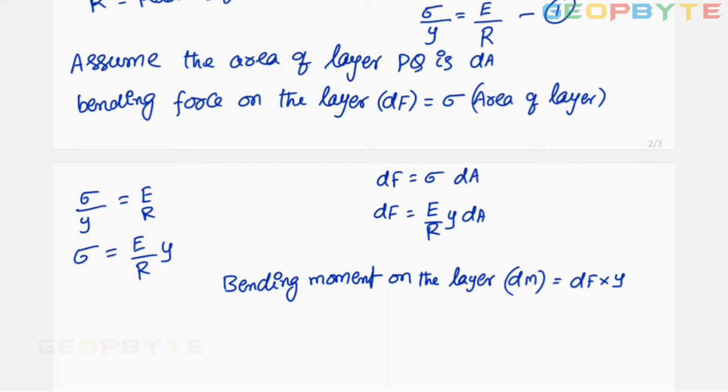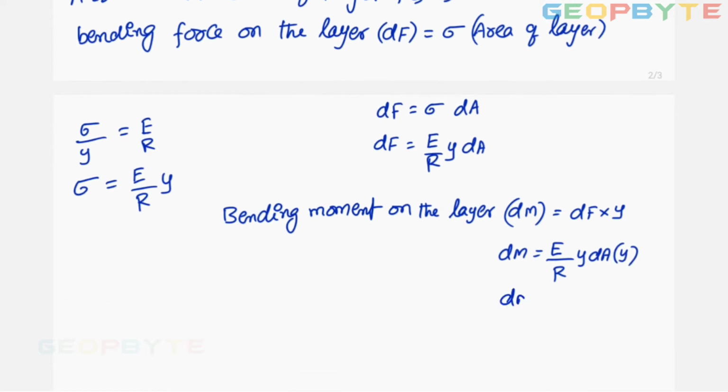So dM equals dF, and dF equals E by R into y into dA, multiplied by y. Simplify this value: dM equals E by R into y square into dA. That is the bending moment on the layer.